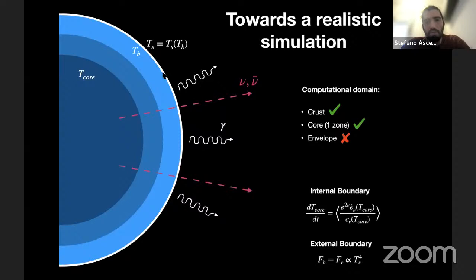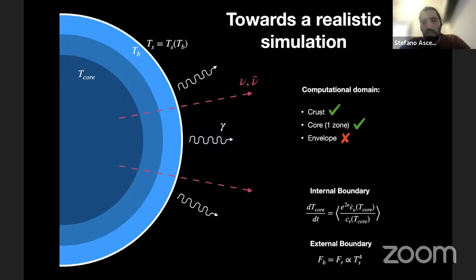So it's prohibitive to simulate both the crust and the envelope. Instead, we employ a static model of the envelope to link the temperature at the surface to the temperature at the base of the envelope, namely at the interface between the outer crust and the envelope.